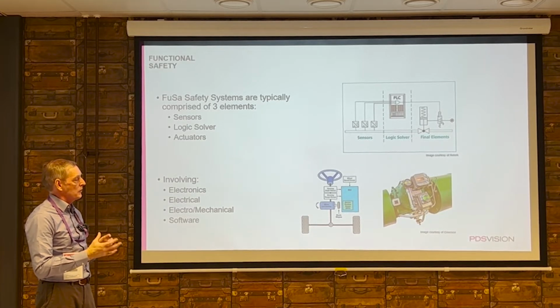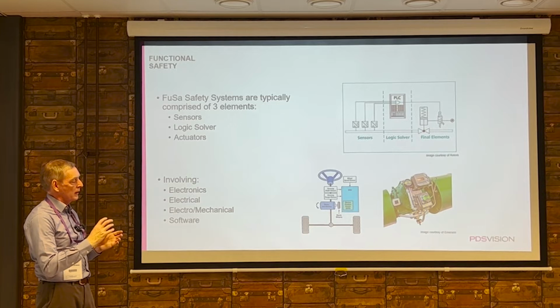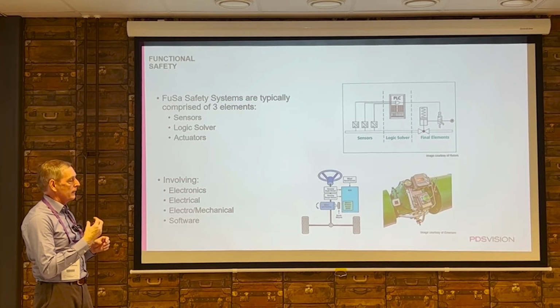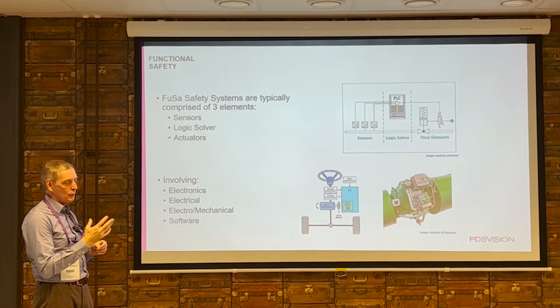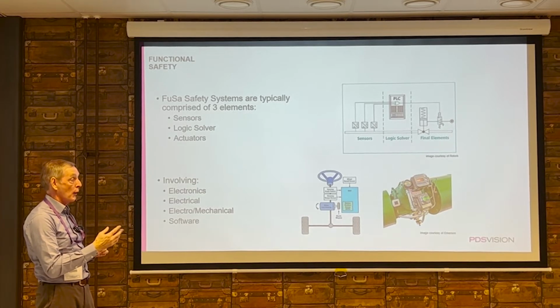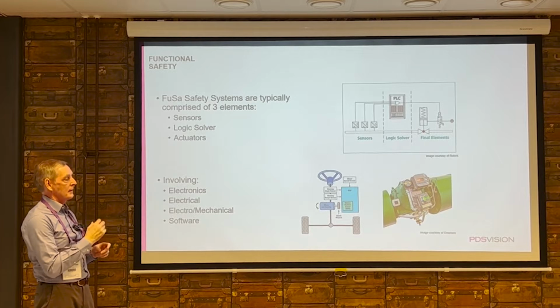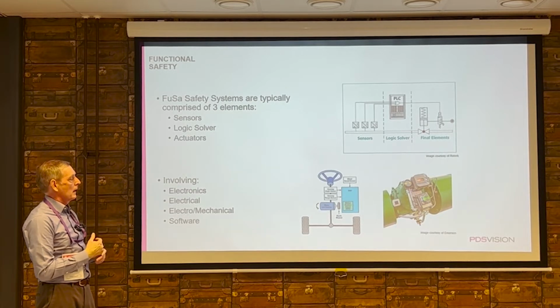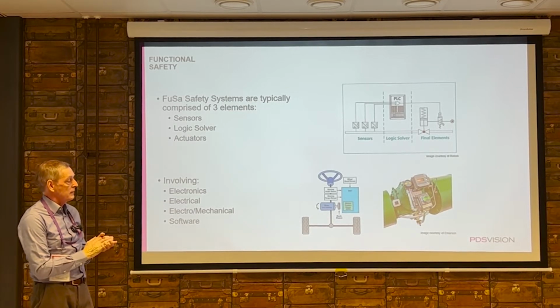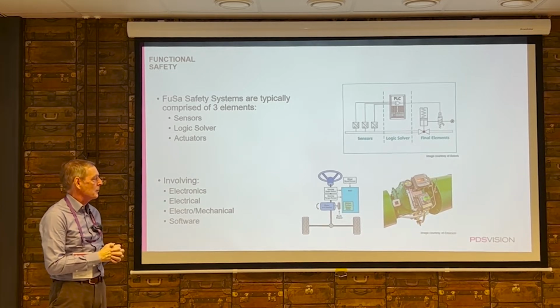You've got sensors looking at perhaps fluid flow, you'll have a valve mechanism itself, and there'll be some logic controller in there to ensure that if you're trying to maintain a constant flow of fluid through, it's been constantly active.